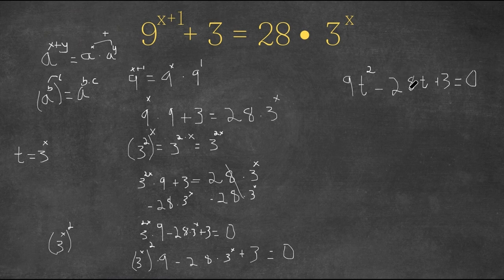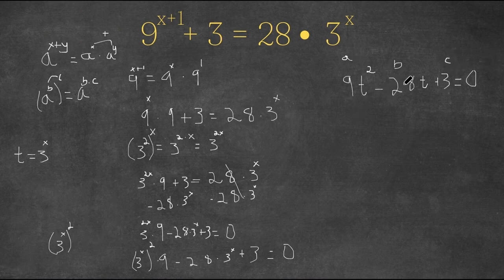Notice how this is a quadratic equation, meaning we can solve for the values of t using the quadratic formula, which, as a quick reminder, is negative b plus or minus the square root of b squared minus 4ac, divided by 2a. So b in this case is negative 28, a is 9, and c is 3.